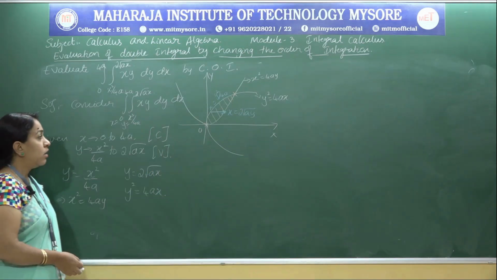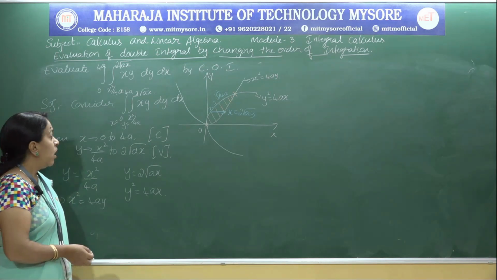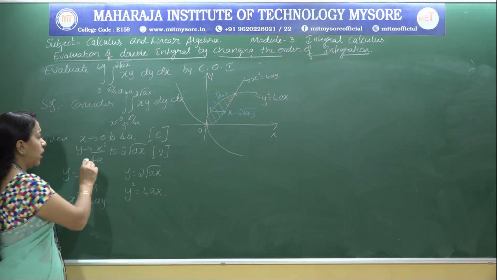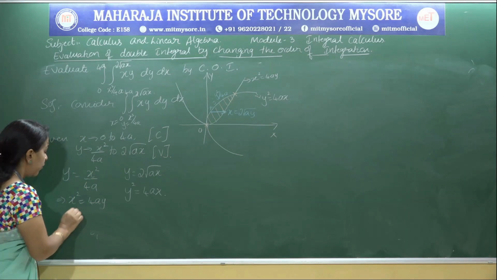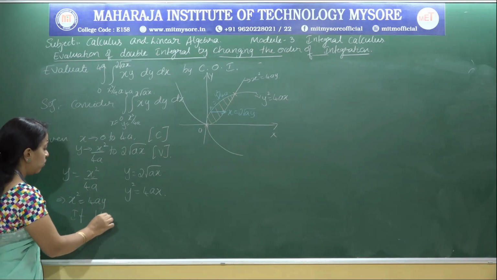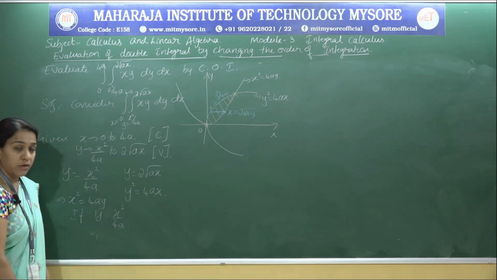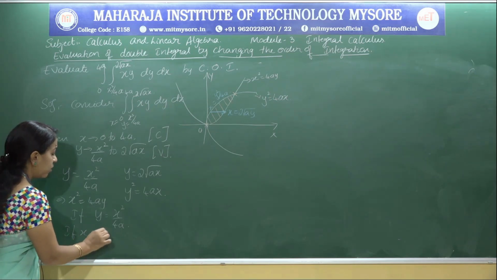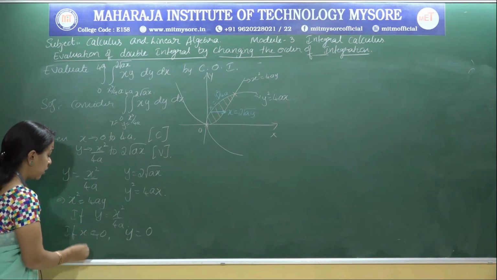So to get the constant limit or the point of intersection, of course, substitute the given x value in any one of the curves, or I can solve the given two curves. Anything can be done. If y is equal to x square by 4a, we have the given curve. So in that, if x is 0, what is y? y is also 0. 0 by any number is 0.